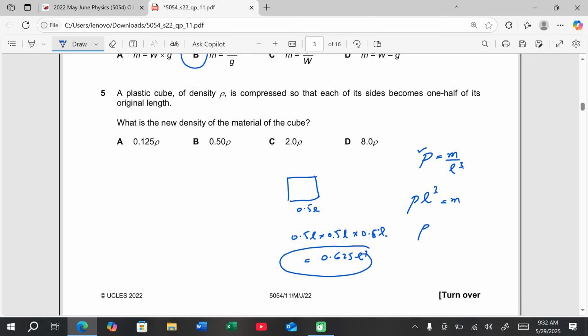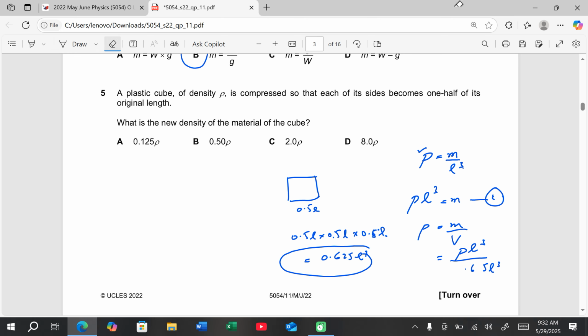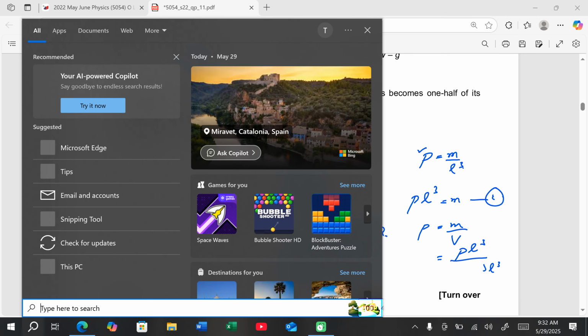For the new density, it is mass over volume again. The mass we have calculated in our previous expression, I'm going to put it here. The volume is 0.625 L cube. Is it 0.625? No, sorry, it's not. I'm not using a calculator, so I'll have to use the calculator.